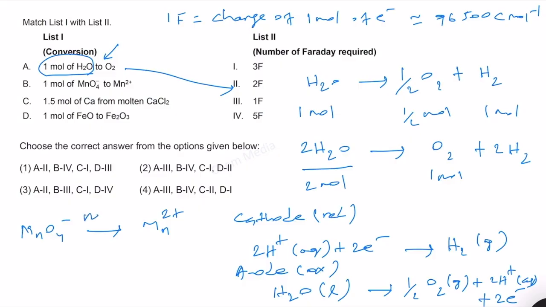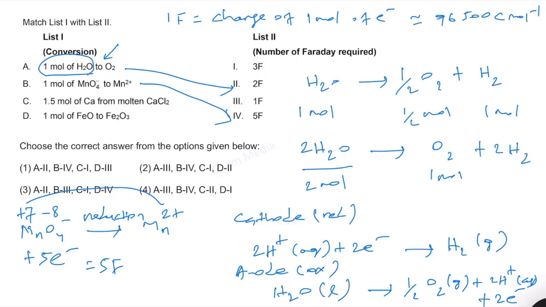This is obviously a reduction reaction, because if we put minus 2 for each oxygen, then this will be minus 8 and this will be plus 7. So, plus 7 is becoming plus 2. That means this is a reduction reaction, and we need 5 moles of electrons. That means 5 Faraday. Therefore, B matches with 4. A matches with 2, B matches with 4.